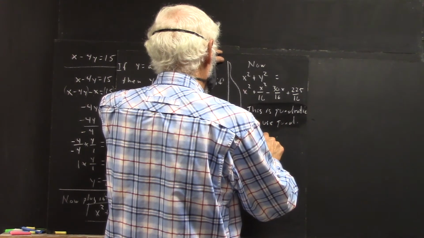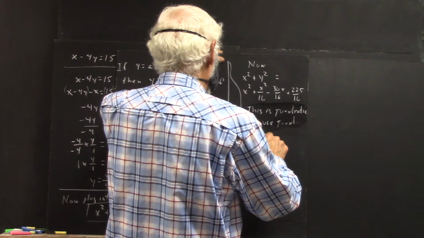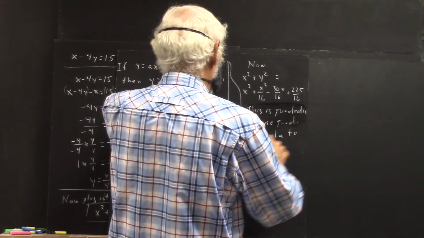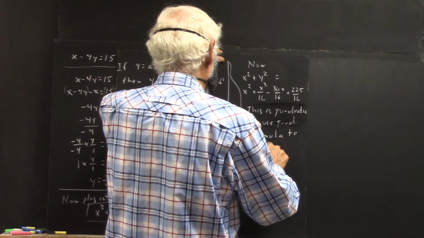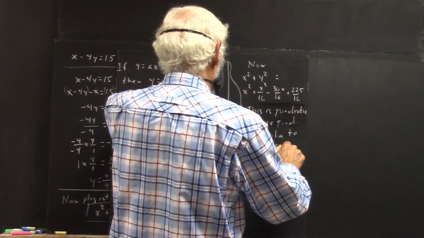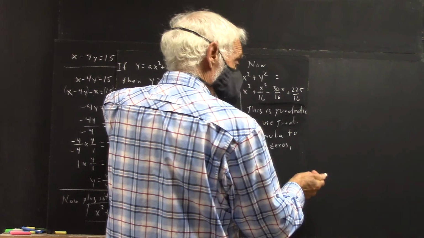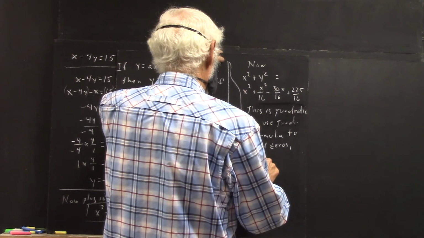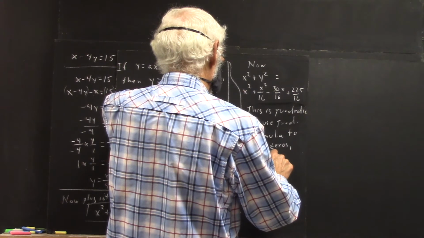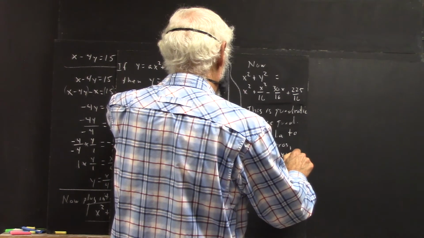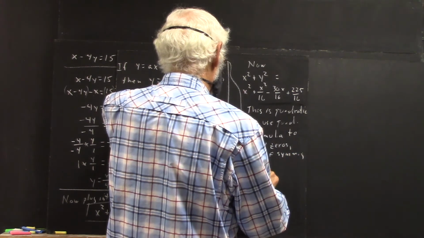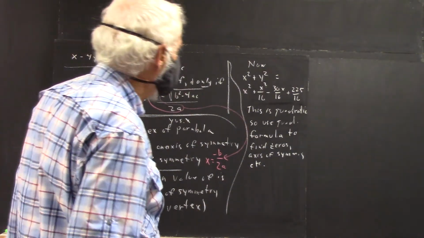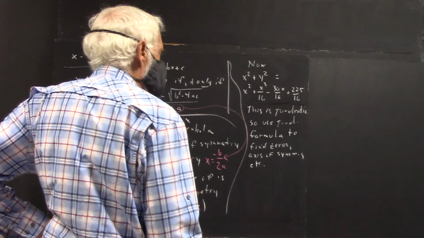Let's say this is quadratics. Use a quadratic formula. Find the zeros and the axis of symmetry, etc. Do that.